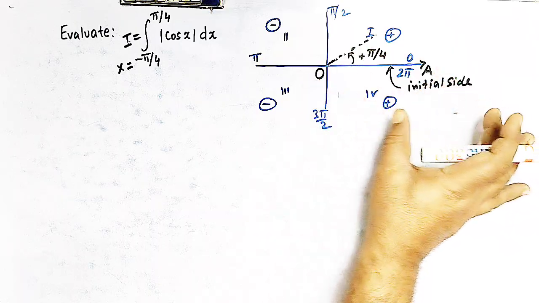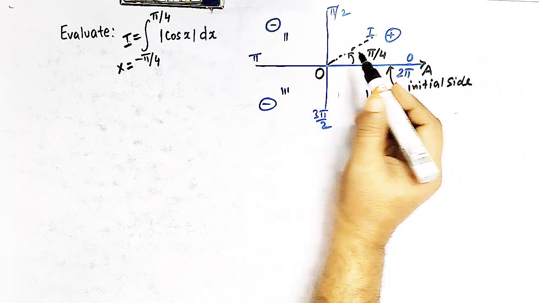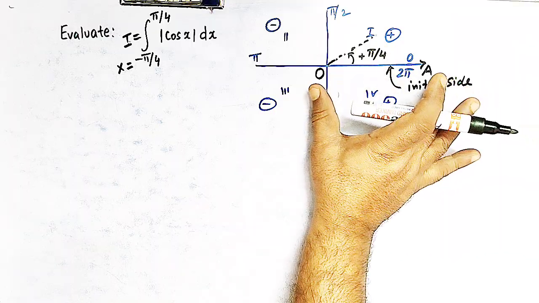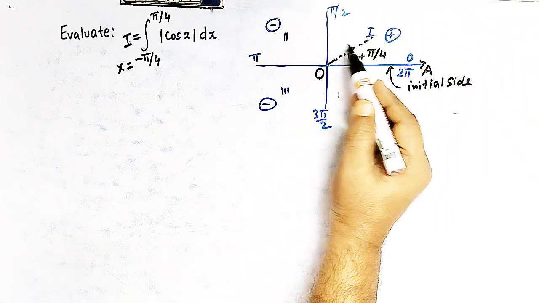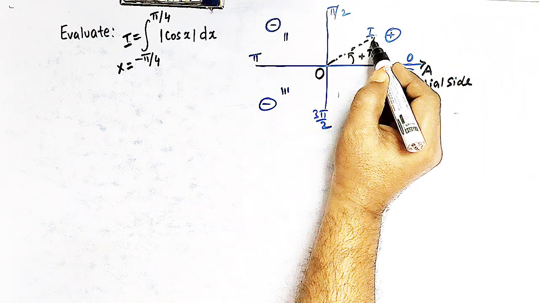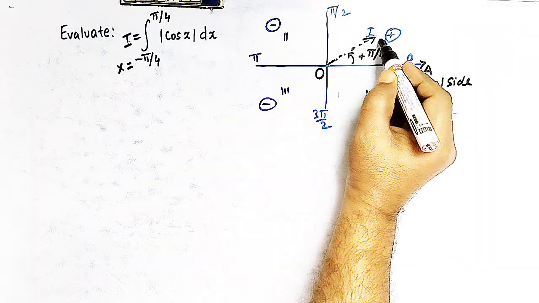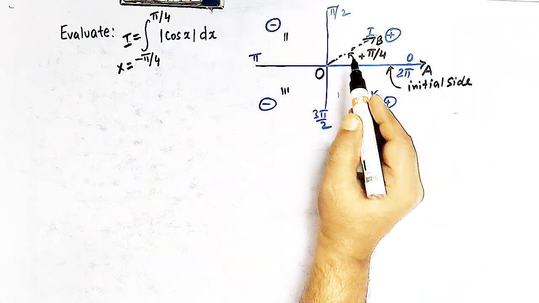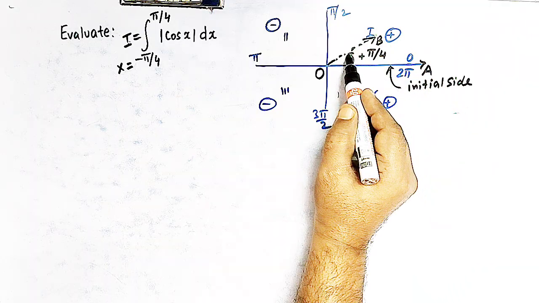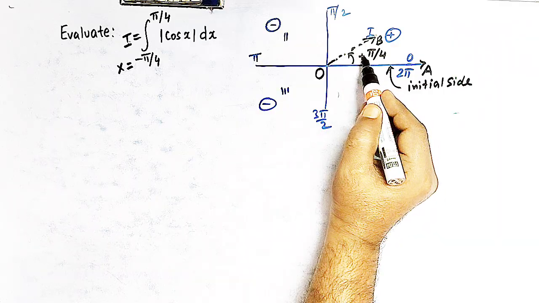So here OA may be taken as the initial side, and when we rotate this initial side in anti-clockwise direction, and here we form the ray say OB, then this angle is taken as positive, right?